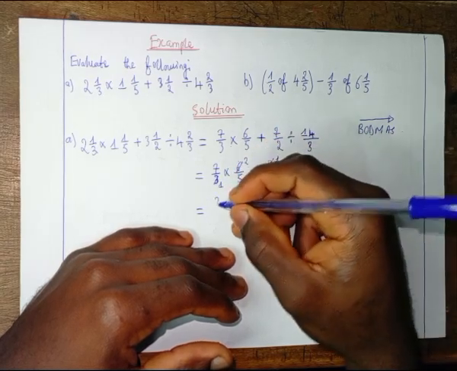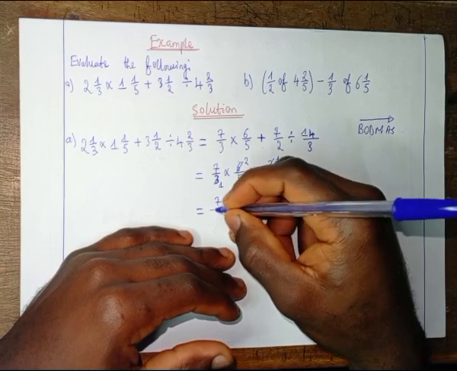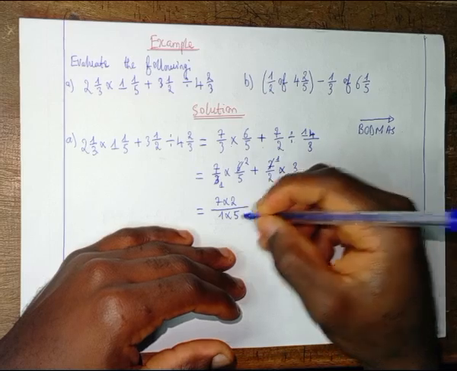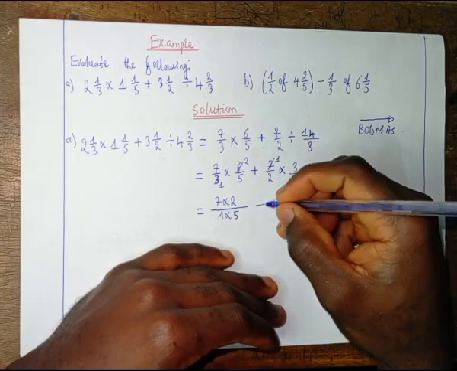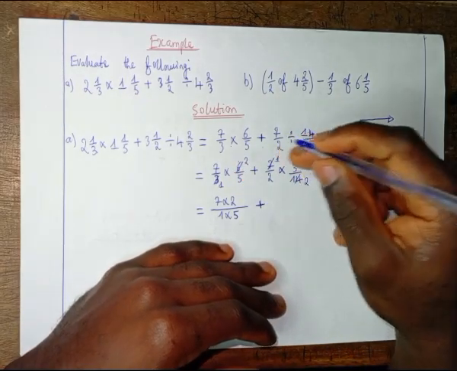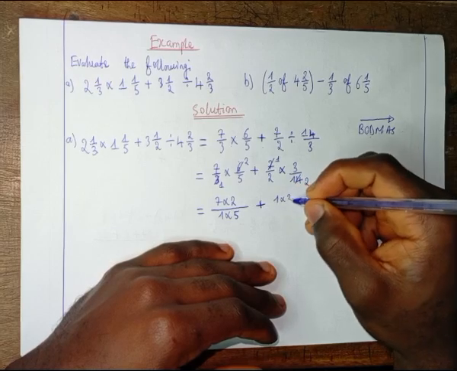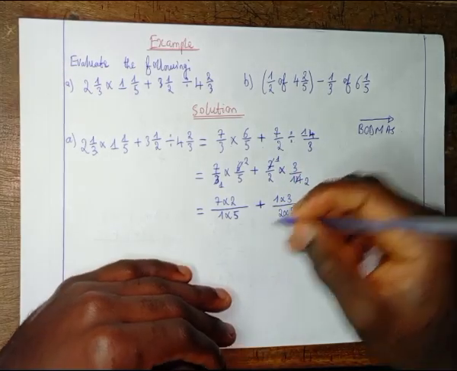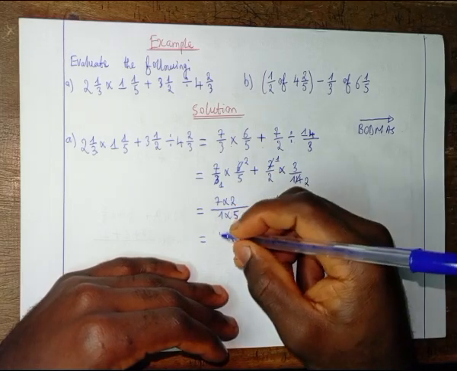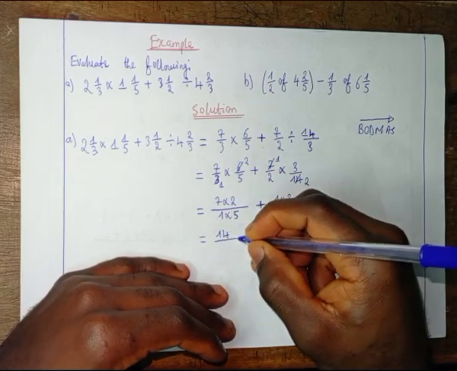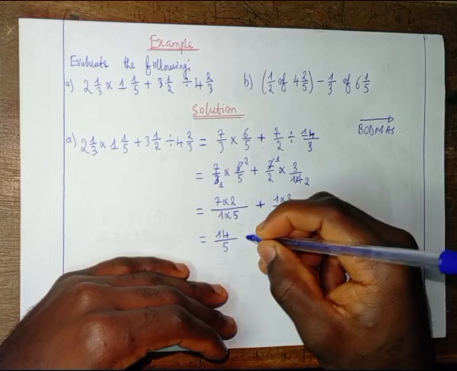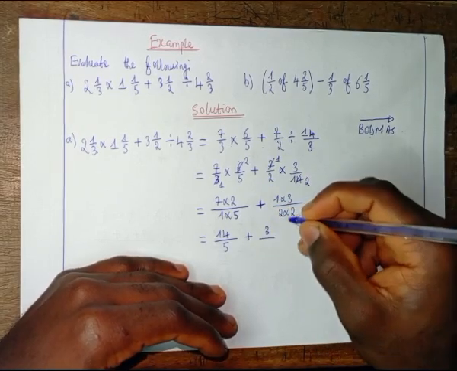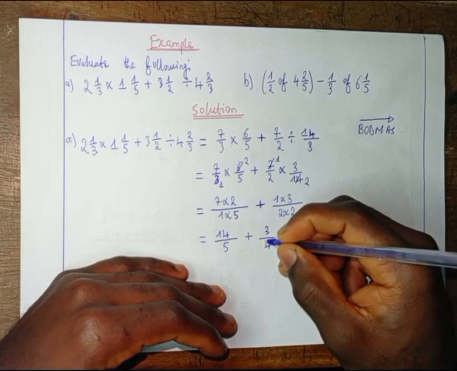So here we are going to obtain 7 times 2 all over 1 times 5 plus here we are going to obtain 1 times 3 all over 2 times 2. So this will give us 7 times 2 gives us 14 all over 1 times 5 gives us 5 plus 1 times 3 gives us 3 all over 2 times 2 which gives us 4.